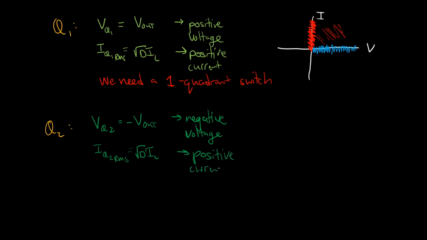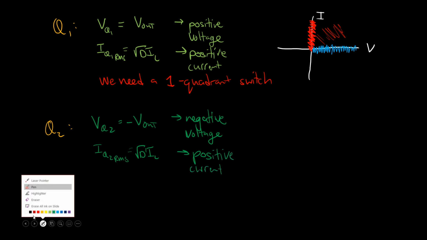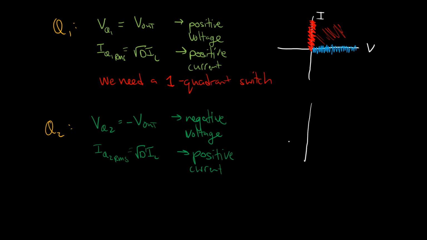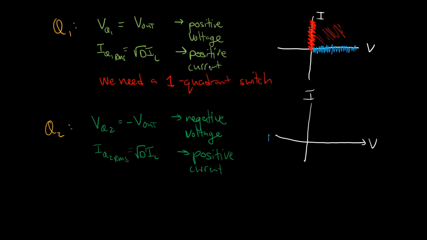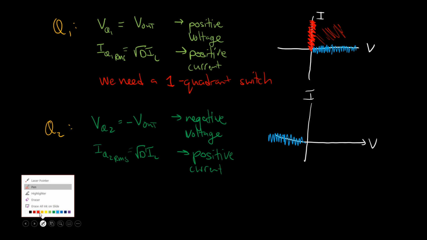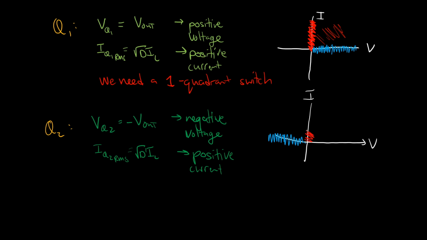And again, we can visualize this as well, in the same way, using this IV characteristic. So we have V over here, we have I over here. And I want you to notice that this is actually different. It has to block a negative voltage, and it conducts a positive current. So the quadrant that it occupies is this one over here.